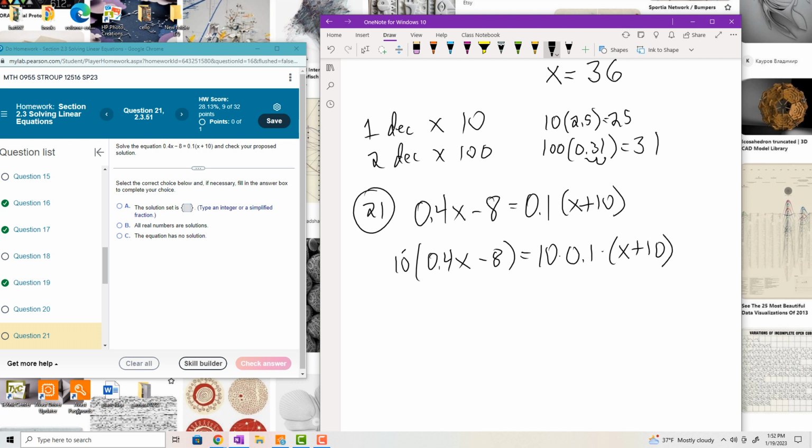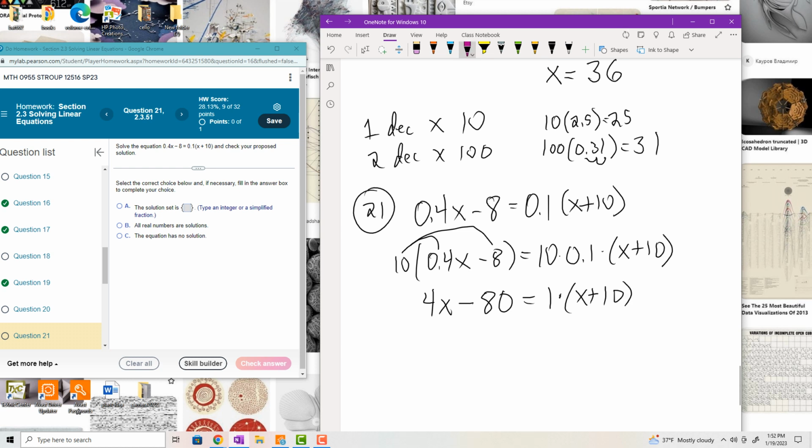Okay. So on the right side, 10 times 0.4 is going to just move that decimal place over and make it 4x. 10 times negative 8 is negative 80. 10 times 0.1, well, that's just 1. And then times the x plus 10.